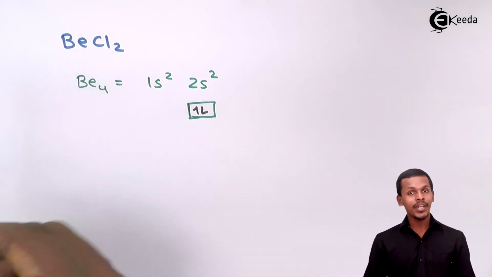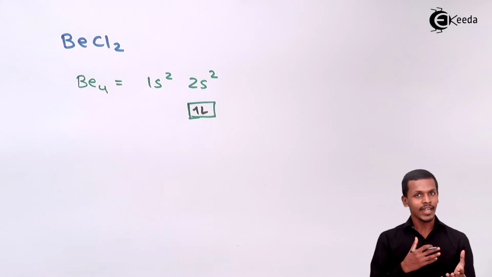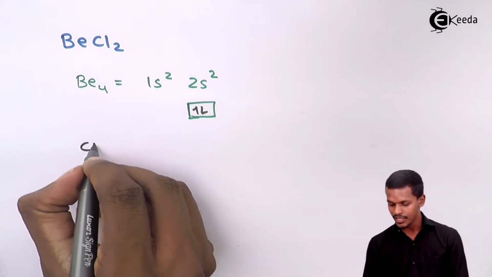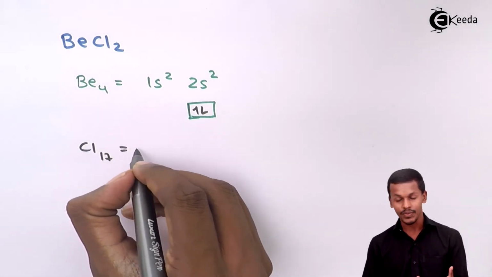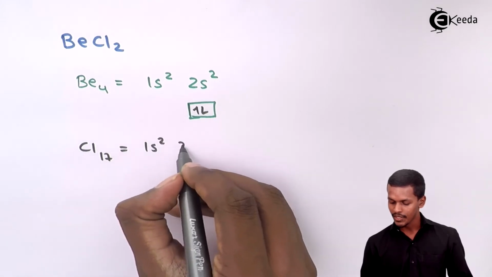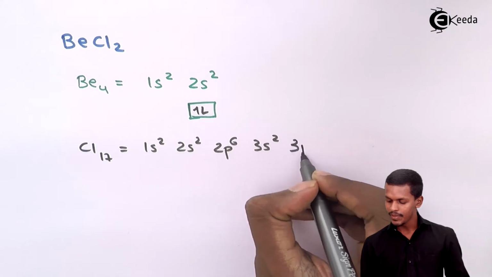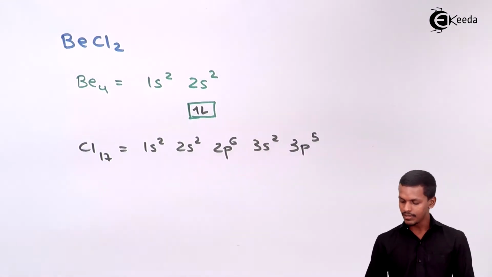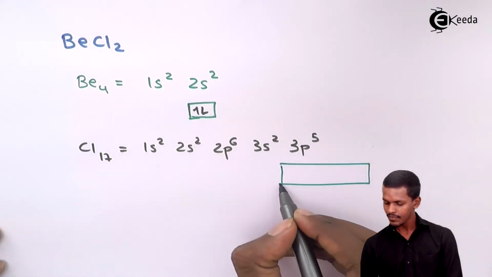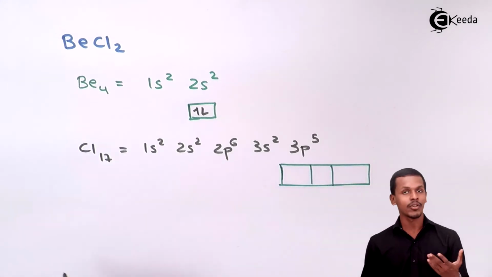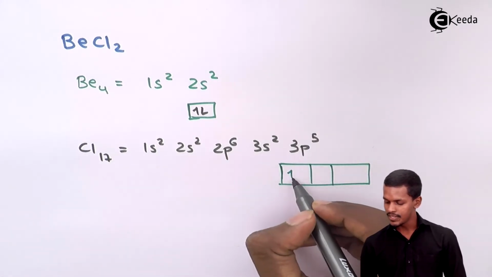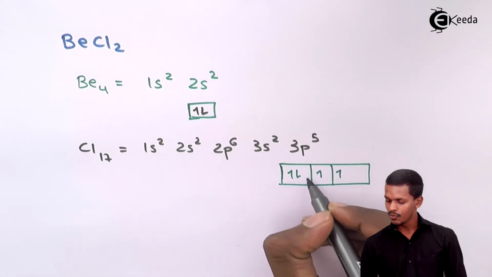Obviously, because chlorine is the one that we know consists of an unpaired electron. Let me tell it again. Chlorine has an electronic configuration that we can write as 1s2, 2s2, 2p6, 3s2, 3p5. If I draw the atomic orbitals, the p subshell consists of 3 atomic orbitals, so this is the first, second, third, fourth, fifth electron.